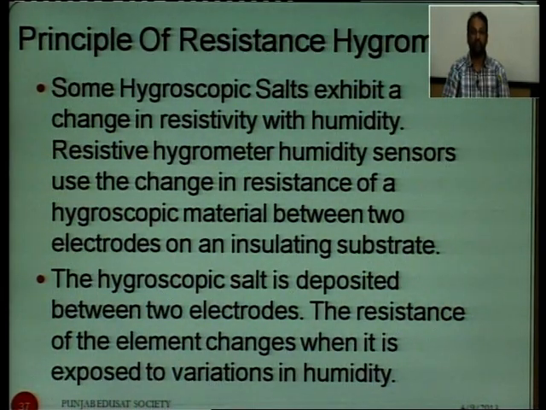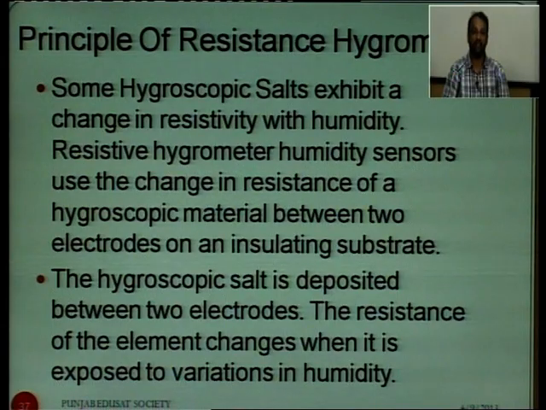Some hygroscopic salts exhibit a change in resistivity with humidity. Resistive hygrometer humidity sensors use the change in resistance of a hygroscopic material between two electrodes on an insulating substrate.